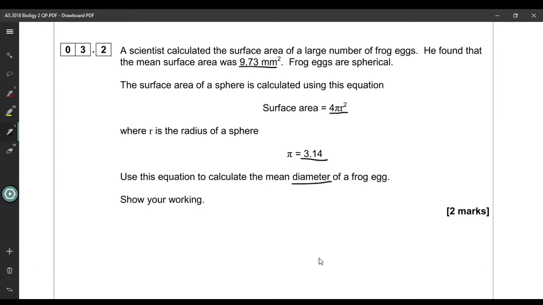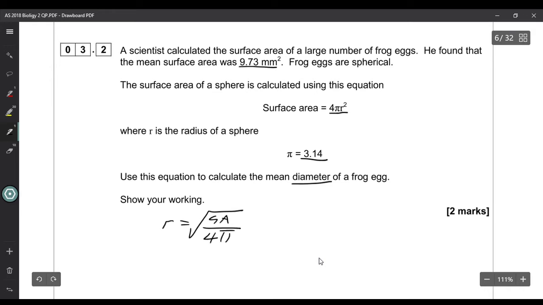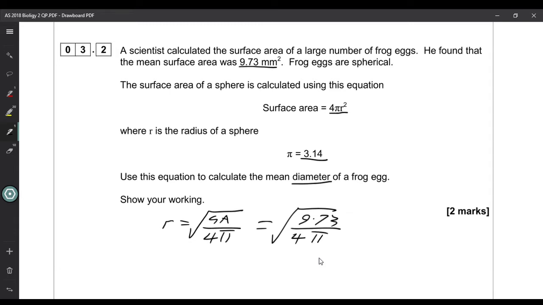First thing we need to do is rearrange this equation. So we've got r as the term. So r becomes root surface area divided by 4 pi. So that becomes root 9.73 over 4 pi.